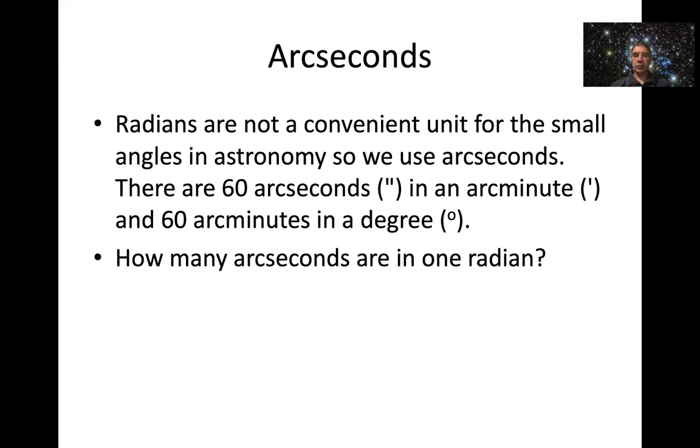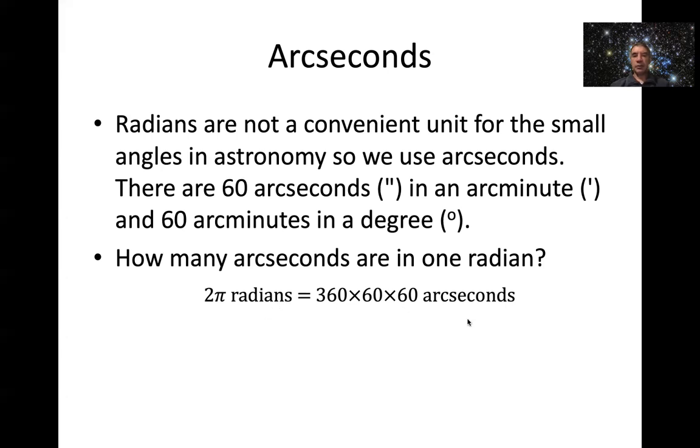Well, we can just use 1 circle, 1 revolution. So in a circle, there are 2 pi radians, and there are 360 degrees. But to convert to arcseconds, we need to multiply the 360 degrees by 60 and then 60 again to see how many arcseconds are in 1 complete revolution of a circle.